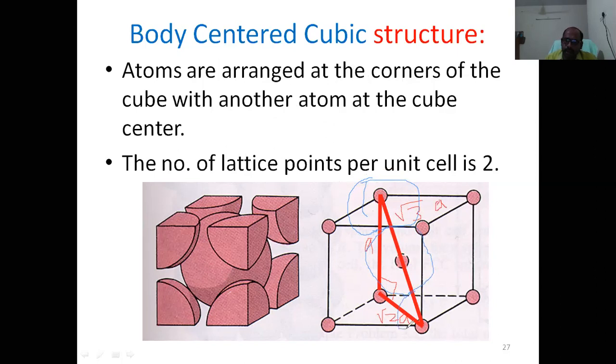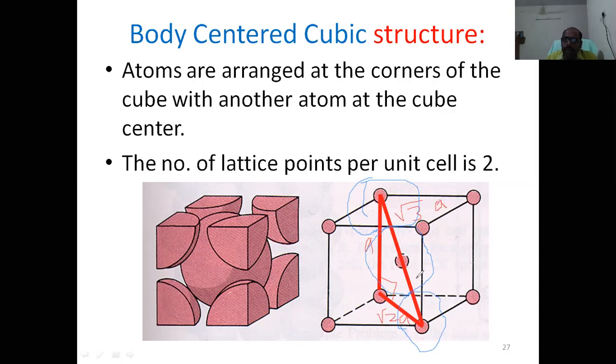Similarly, one atom is located at this corner point. So totally, from here to here is R, then 2R, and this one is R.